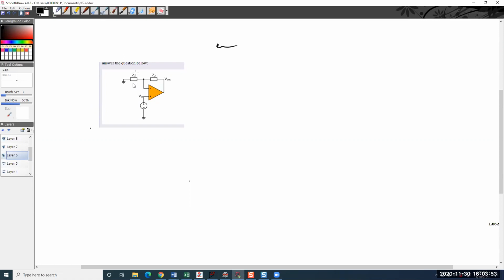So if I look at this feedback network, really these are two resistors, R1 and R2.